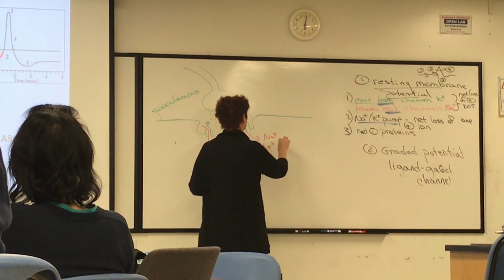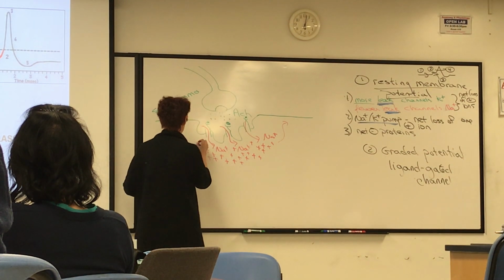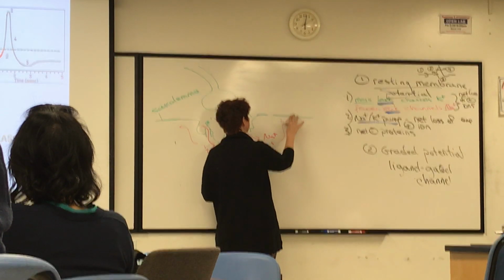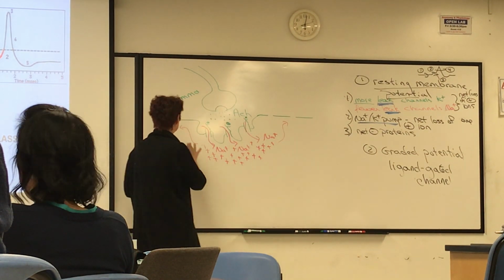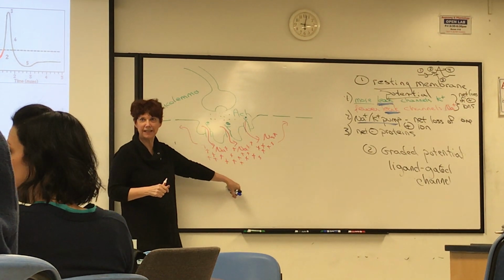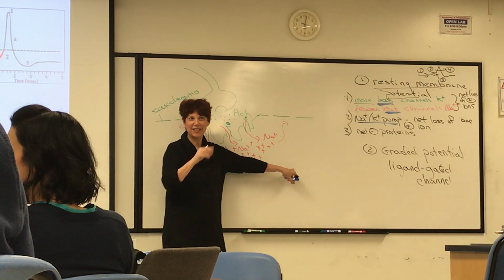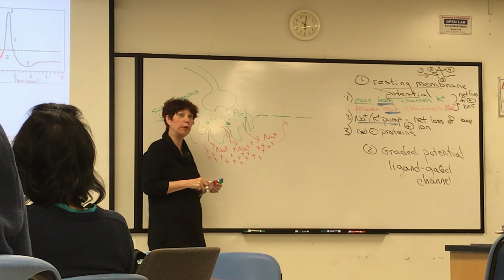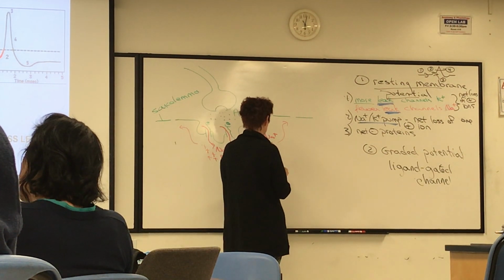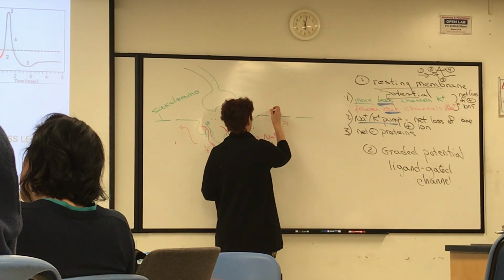They're going to move up here, away from the motor end plate. And we have a different type of channel here. It's still gated, but it's the current that's going to open it. It's the number of positive ions flowing by those protein channels that will open it. So we have both sodium and potassium channels.